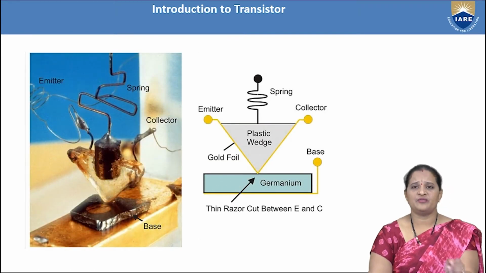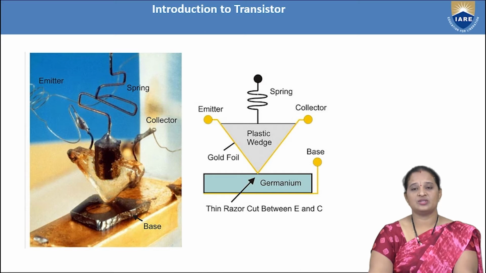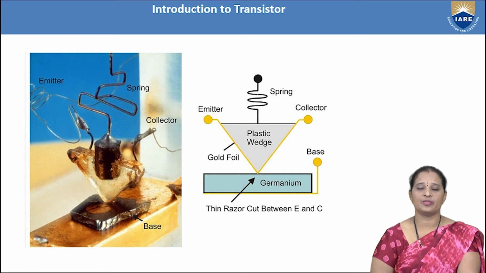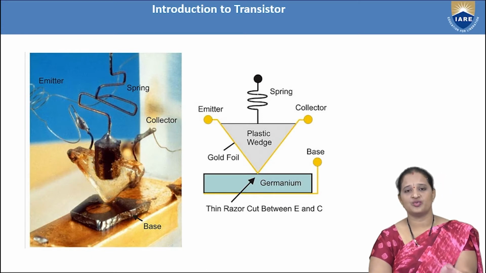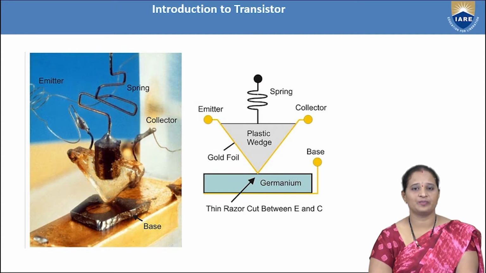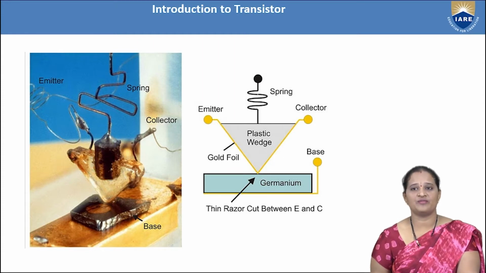Before the transistor, we used to have a vacuum tube. This is the basic vacuum tube, which was used to perform the operation of amplification, and as it is very huge, they invented a device which can be smaller in size and can still perform the amplification of weak signals.